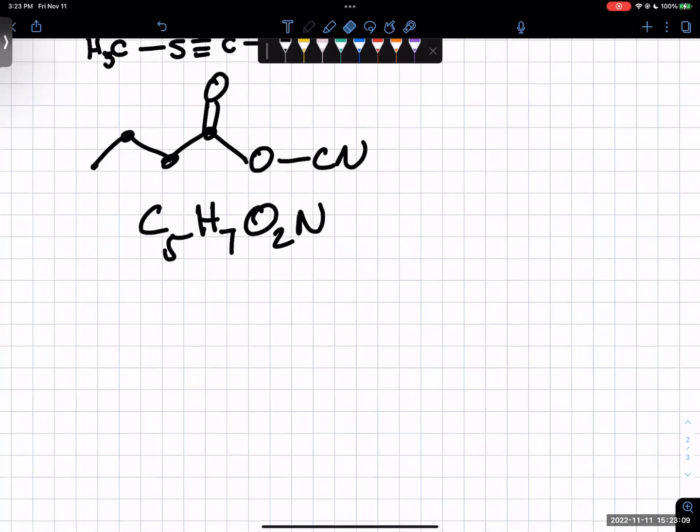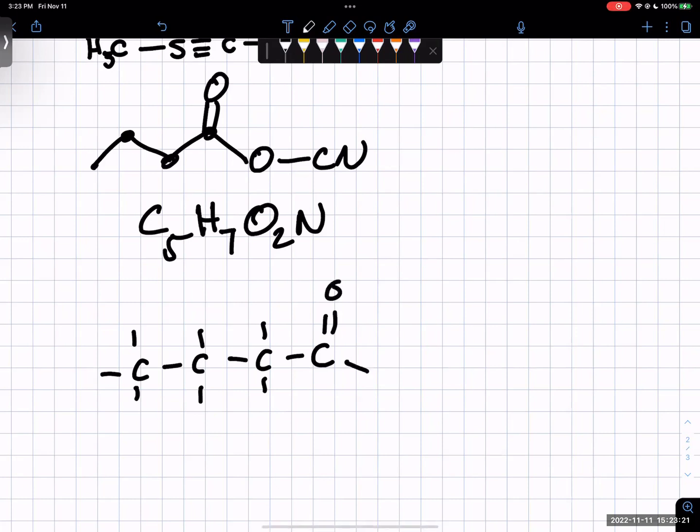So C, you have 3. Each of these has hydrogens here, and then this one is bonded to oxygen, bonded to a carbon, triple bonded to a nitrogen. You've got a lone pair there, a lone pair there, a lone pair there, a lone pair there.